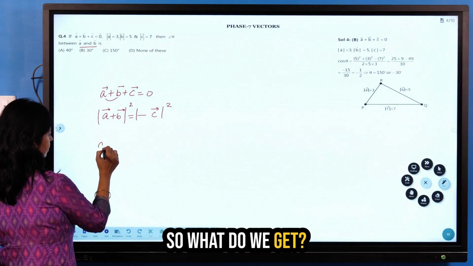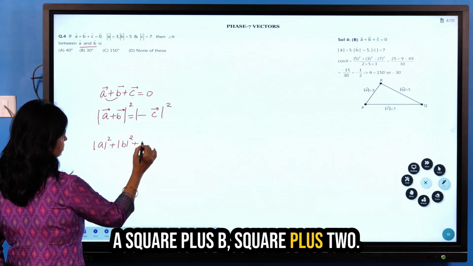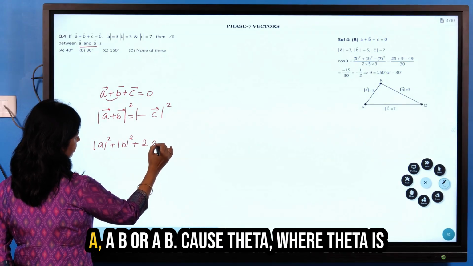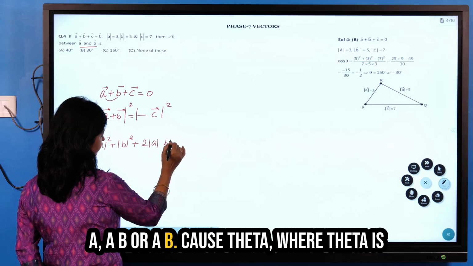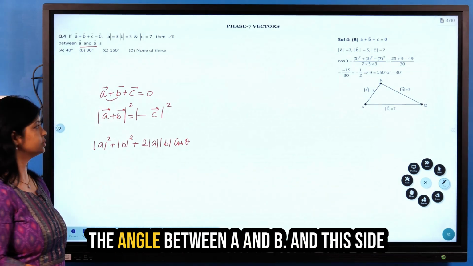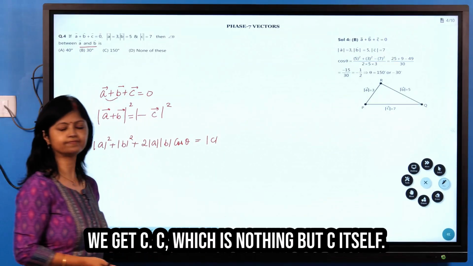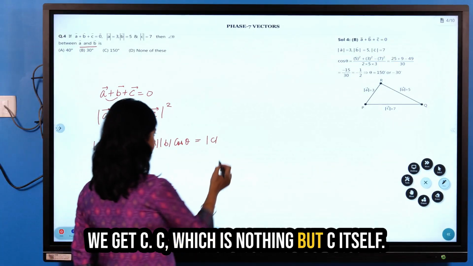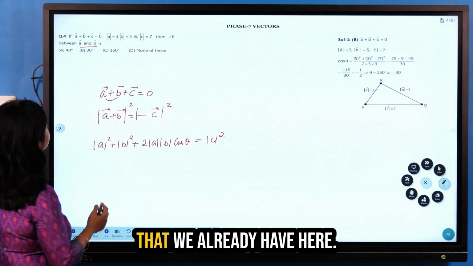So what do we get? A square plus B square plus 2 A dot B, or 2AB cos theta, where theta is the angle between A and B. And on this side we get C dot C, which is nothing but C square. Now let's put in the values that we already have.